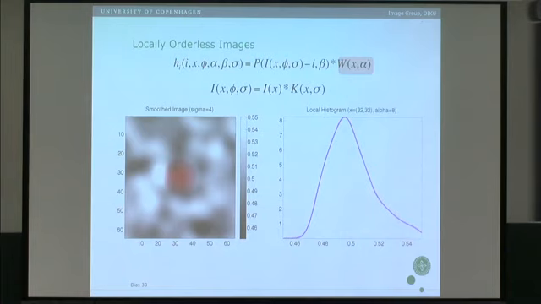We blur the image, we blur the intensity axis, and then we look at the histogram in a Gaussian neighborhood. That's Koenderink's locally orderless images, and now we can look at these local histograms at various intensity and spatial scales, and everything is nicely differentiable when we're doing this.